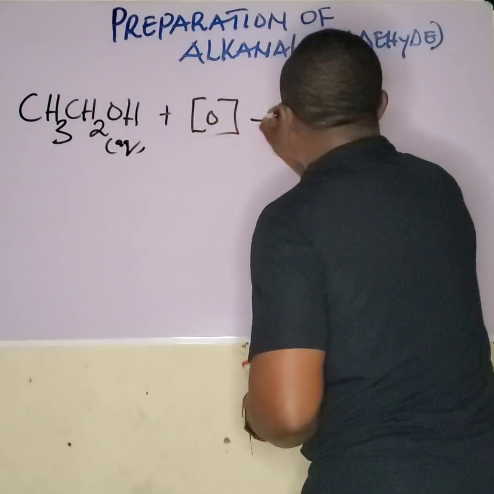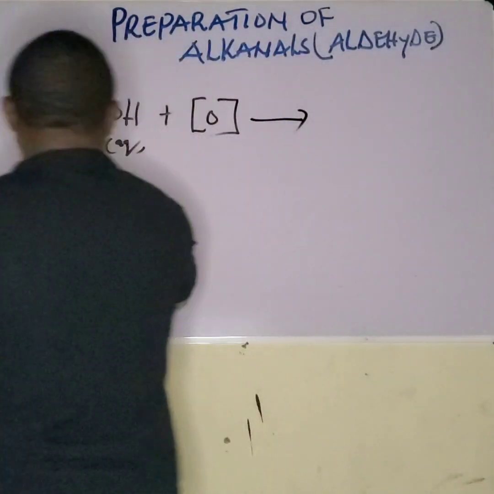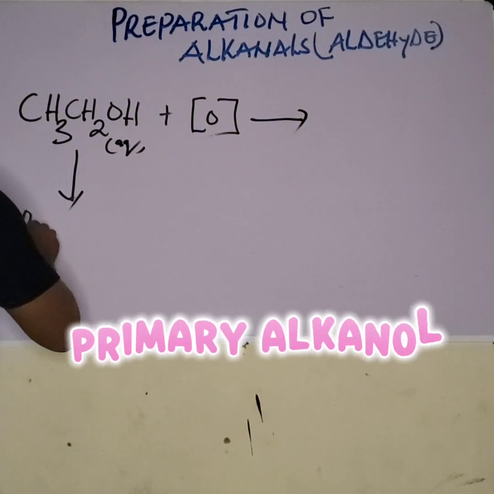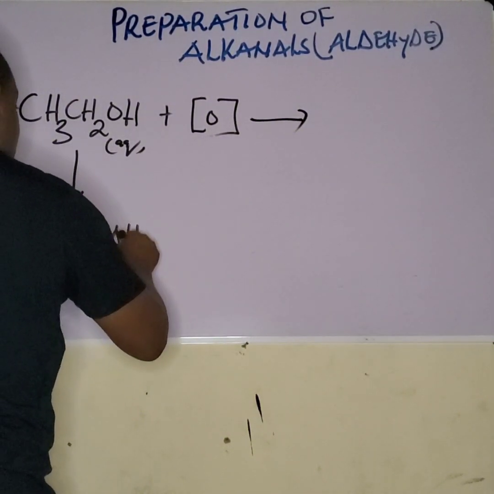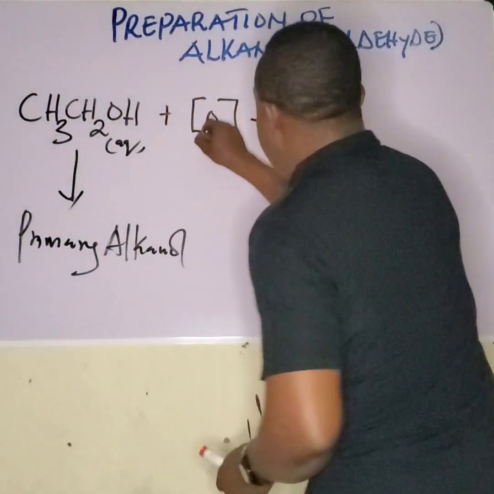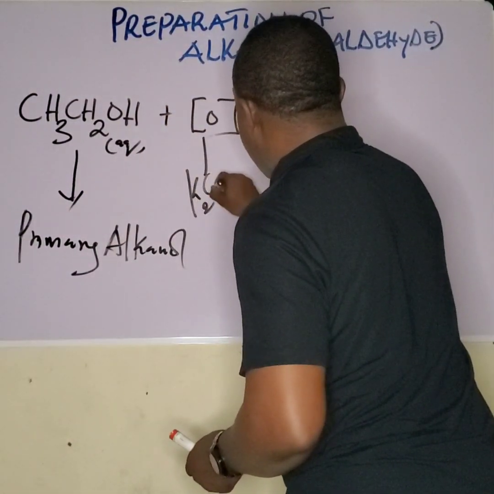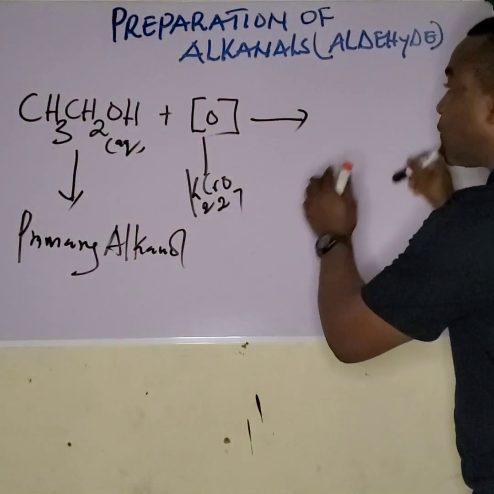So when you mildly oxidize a primary alkanol, remember that this is a primary alkanol, and this is K2Cr2O7. Then what is the product of the reaction?